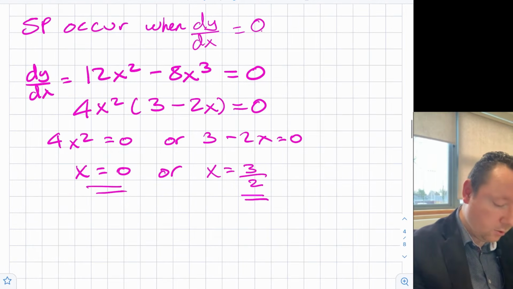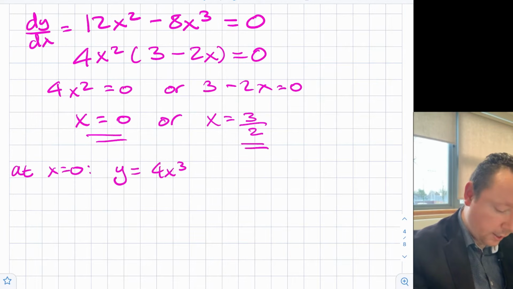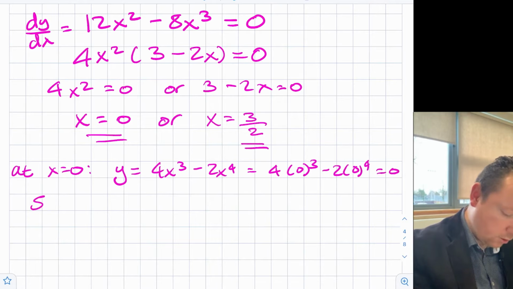So we need to substitute that back into our y, remember. So at x equal to 0, remember our y was equal to 4x cubed minus 2x to the 4. That equals 4 times 0 cubed minus 2 times 0 to the 4 equals 0. So our stationary point is 0, 0.